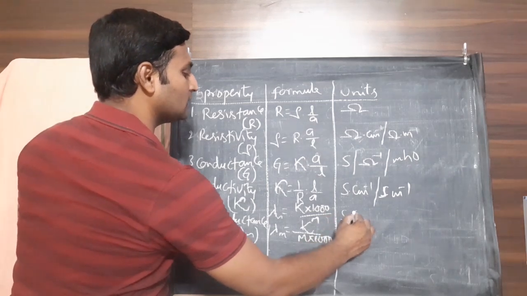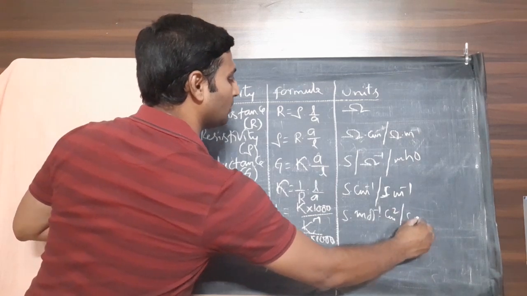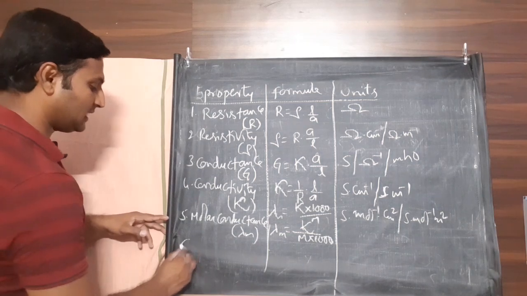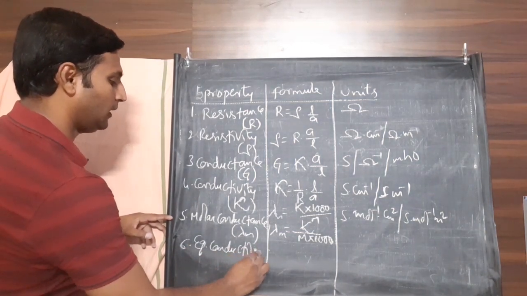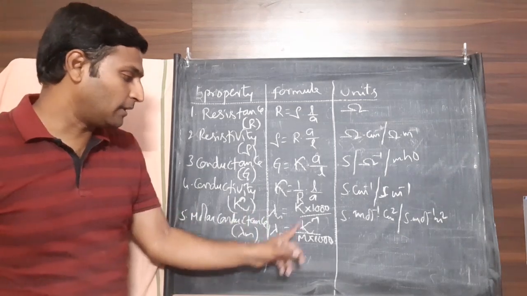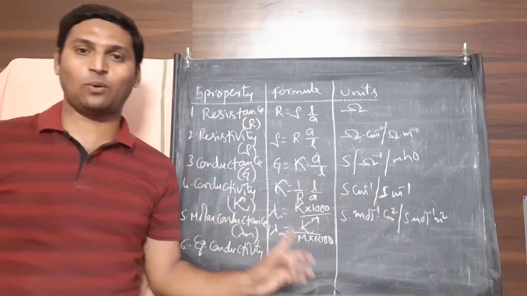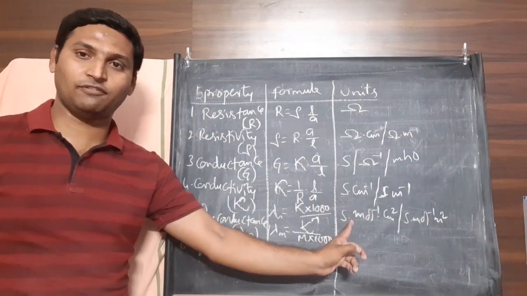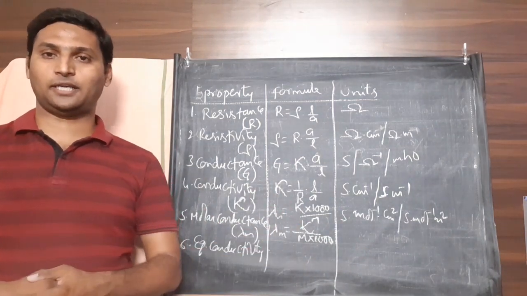Units will be Siemens mole inverse centimeter square or Siemens mole inverse meter square. Now there is sixth one, equivalent conductivity, where you replace molarity by normality and mole inverse by gram equivalent inverse, because molar conductance is exhibited by 1 mole of electrolyte, and this is conductance exhibited by 1 equivalent of electrolyte.